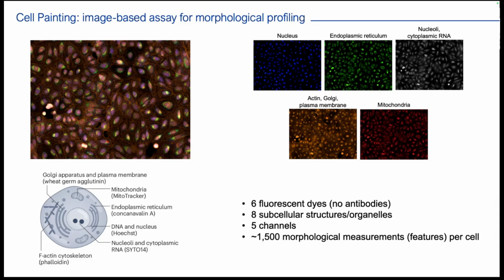How specific are the dyes binding to the subcellular structures? Because this dye is binding to mitochondria, right? Yeah. So how specific? I mean, these dyes are standard dyes. You see the names here, right? So these are WGA, MitoTracker, concanavalin A, and so on. So they bind to these structures. If they bind differently in consequence of the different treatments, this is already a feature, a signature.